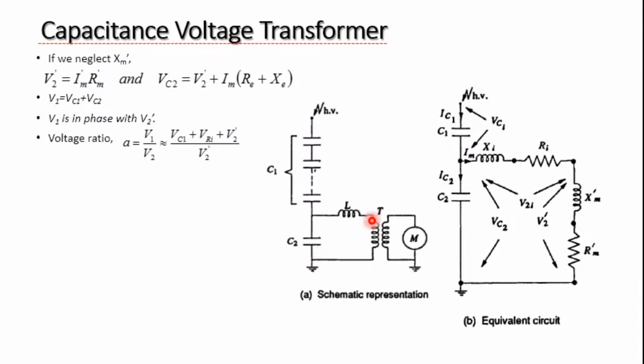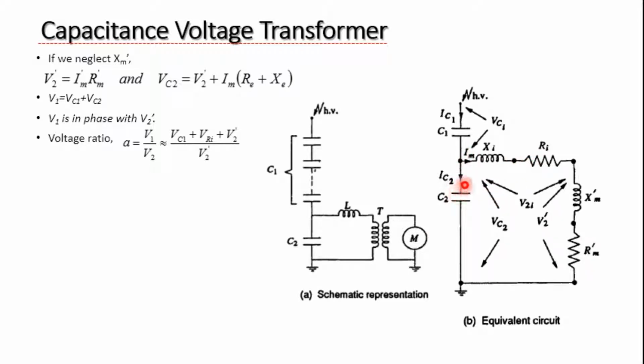So this is the schematic and the equivalent circuit. There is a high voltage, the current flowing is IC1 through the capacitance C1, resulting in the voltage across C1, VC1. Based on the schematic representation, the equivalent circuit diagram has been drawn.